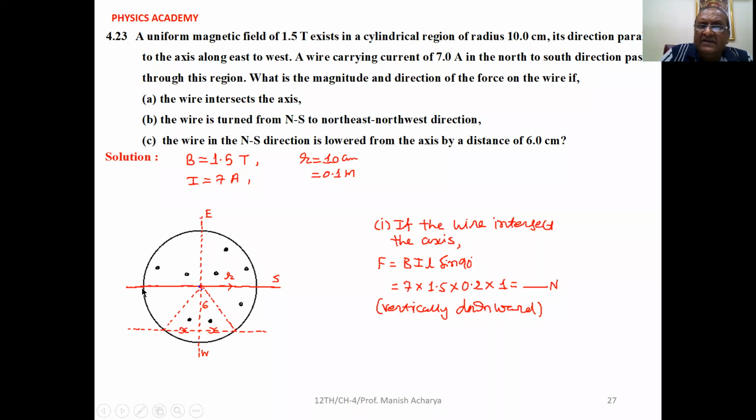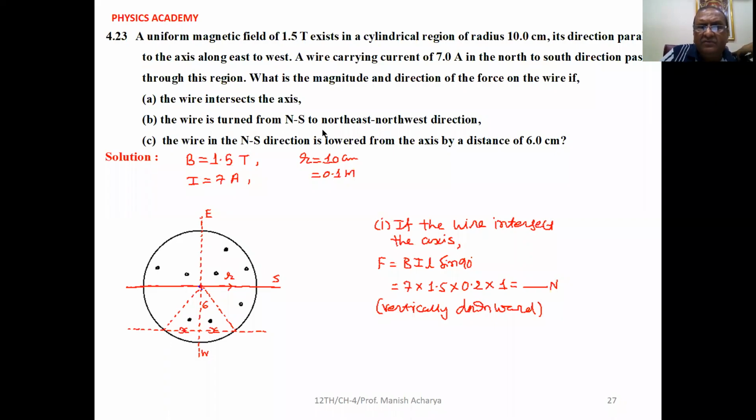Because the radius of the cylindrical region is 0.1. So when the wire is passed through this, the length of the wire in the magnetic field is 0.1 plus 0.1, that is 0.2. Clear? And magnetic field is 1.5 Tesla, sine 90, and you will get the force acting on the wire. Clear? And now as per the right hand screw rule, you can understand the force will be vertically downward. Clear this one?